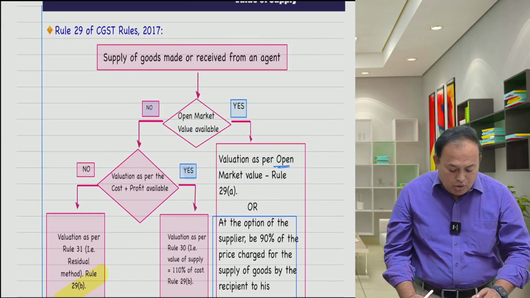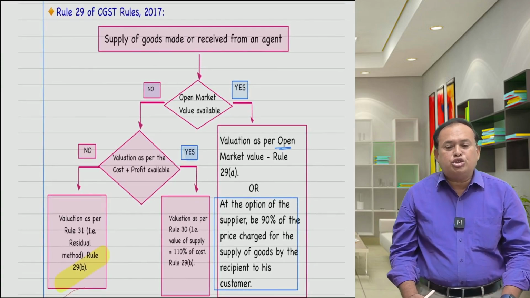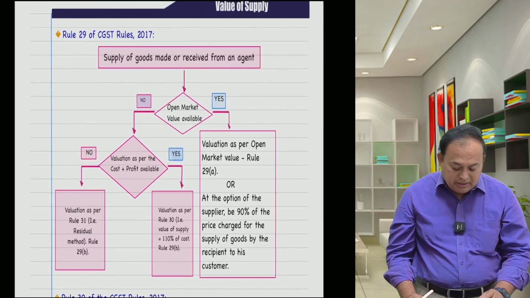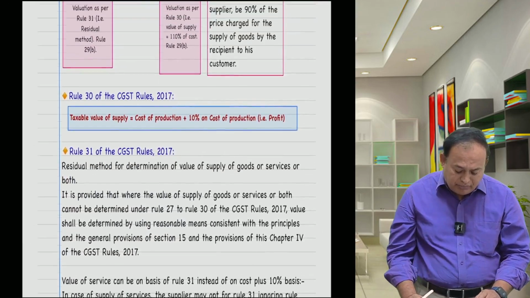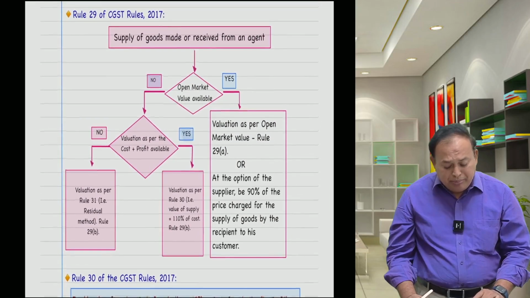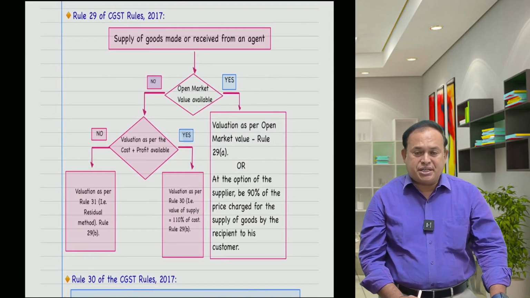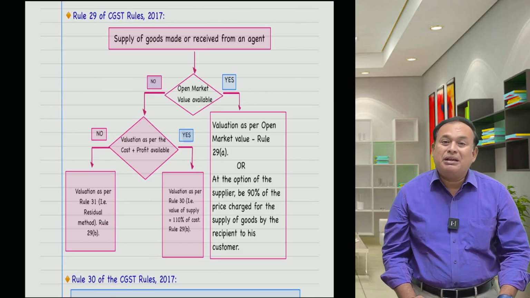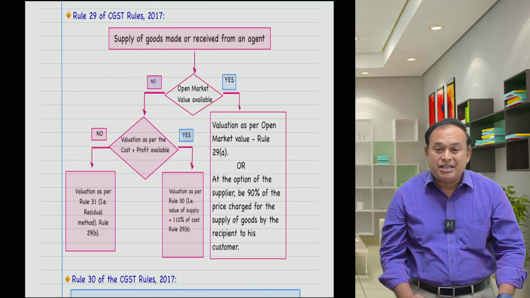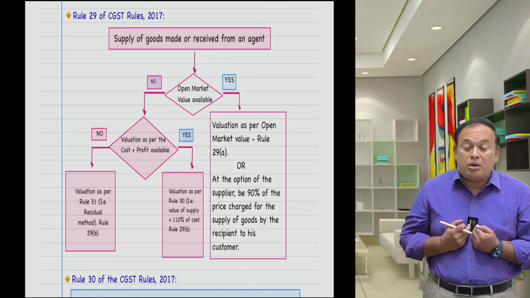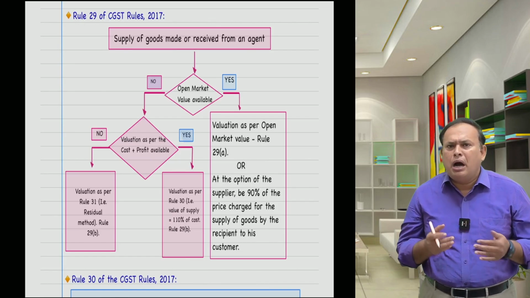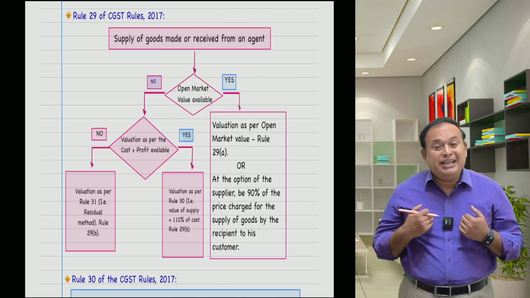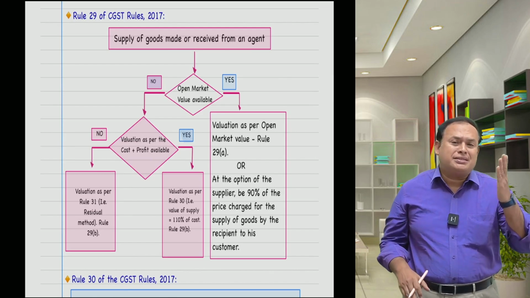Further, I am now referring to you rule number 29. Rule number 29 is the valuation in the case where there is a supply between principal and agent, covered under Schedule I, paragraph 3, where goods are supplied by the principal to his agent, where the agent undertakes to supply the goods on behalf of the principal, or otherwise goods are supplied by the agent to his principal, where the agent undertakes to receive the goods on behalf of the supplier.